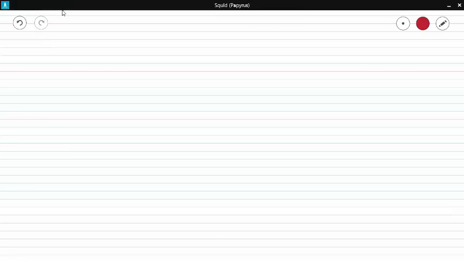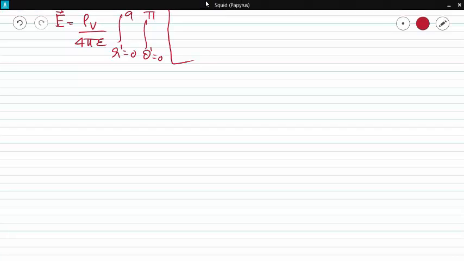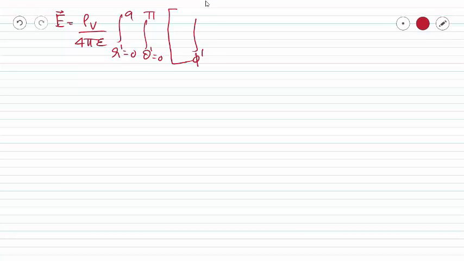So E bar is equal to, I will bring rho v by 4 pi epsilon outside, and write r dash equal to 0 to a, theta dash equal to 0 to pi outside, and now I'll keep brackets. The third integral is phi dash equal to 0 to 2 pi.